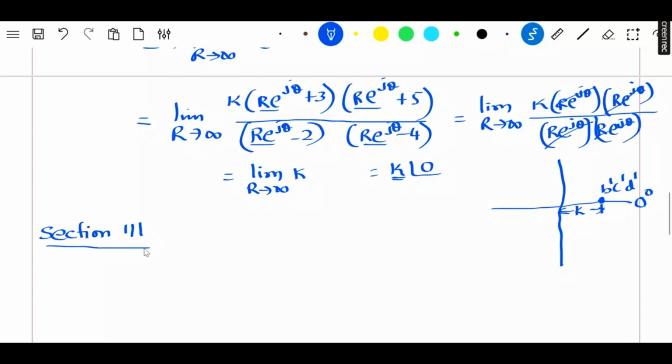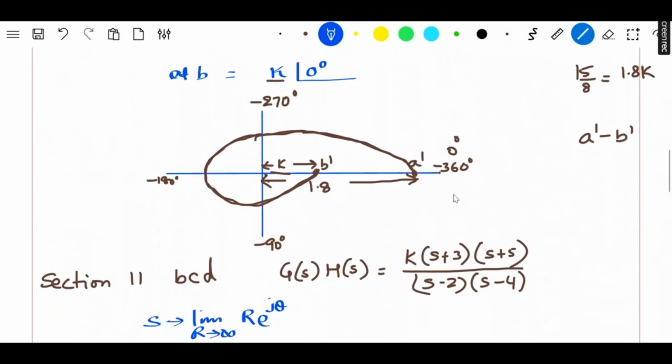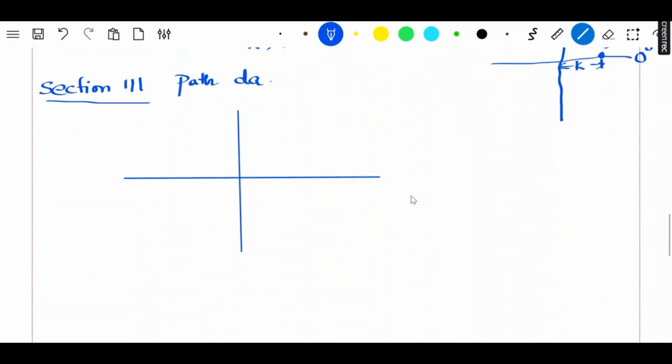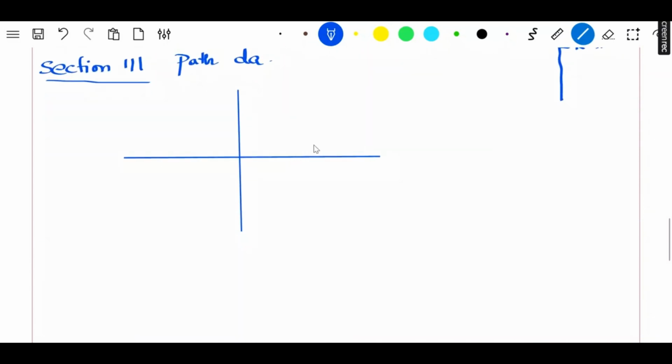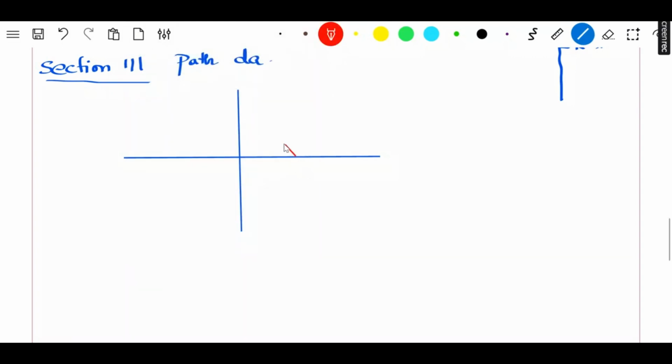So this is k. So b dash, d dash, c dash will come here. Now section 3, which is path d to a, and I told you this path is the mirror counter of a to b. So B to A we had in this direction, now we have in this direction. That is what we did. So now the path goes like this, like this, like this.